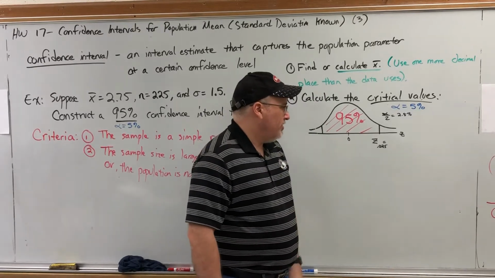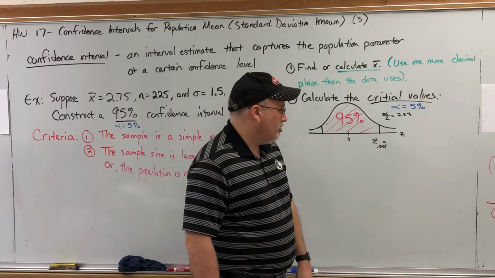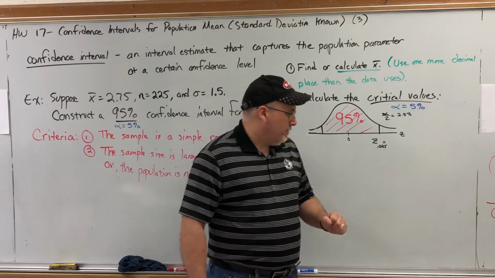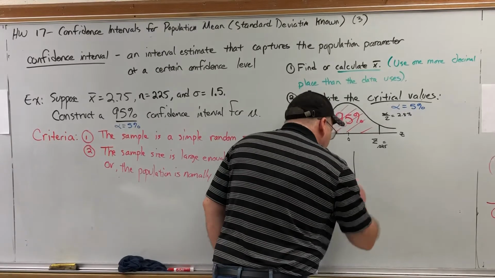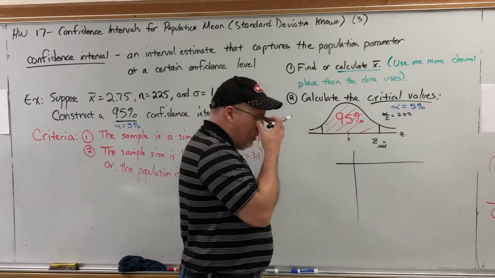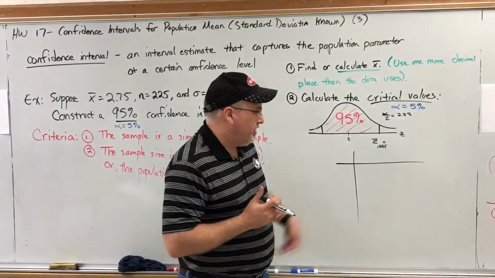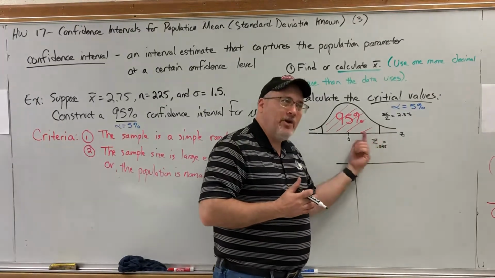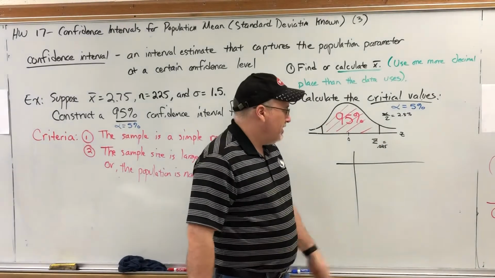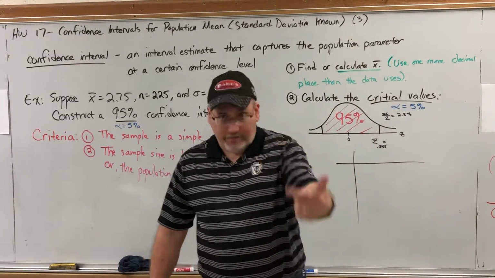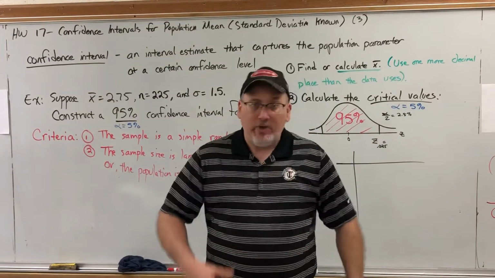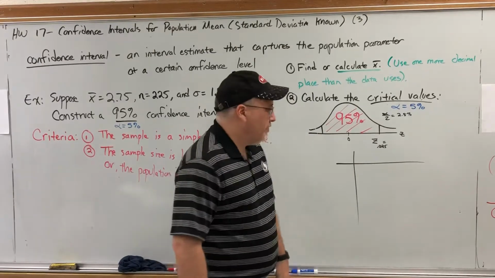Let's go look up 0.025 in the z-chart. Now here's where you've got to be careful, and this is where I wish I had a full-blown z-chart. We are doing the z-chart backwards. Normally what we do with the z-chart is we know the z-value and we look up an area and do something with it. If it's left area, we look it up. If it's right area, we look it up and subtract it from 1. If it's middle area, we look up both of them and subtract them.